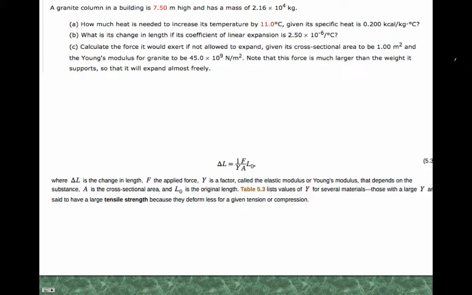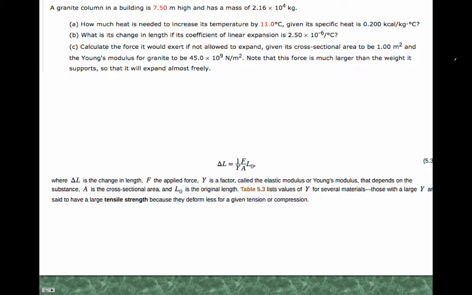And in chapter 5, if you look back in the book, it says tensile strength, that makes sense. Elastic modulus, or Young's modulus. And it's got delta L as a change in length, which we've already figured out. F is the applied force. Y is this factor, which we've got.